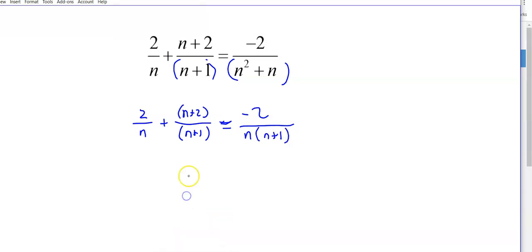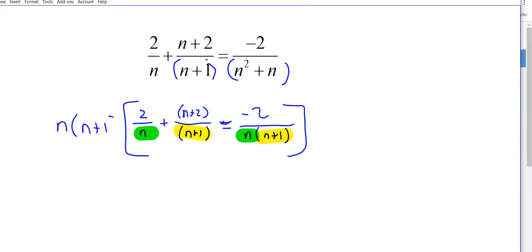So let's look at what we have for the GCF. We have an n plus 1, we have an n. I think there's only two things we have, right? So we're going to multiply everything by both n and n plus 1, so n times (n plus 1). It's going to distribute to every term. When you do that, in the first term the n's are going to cancel.